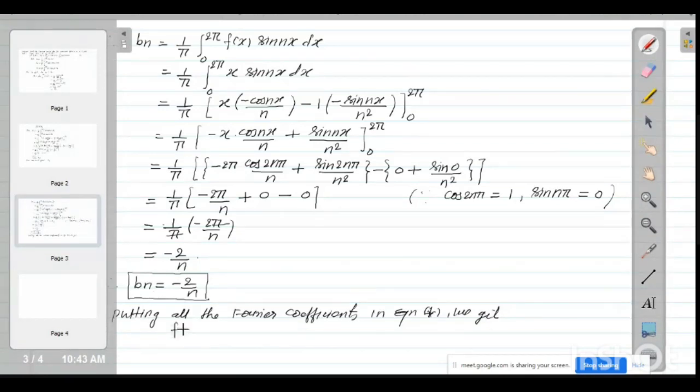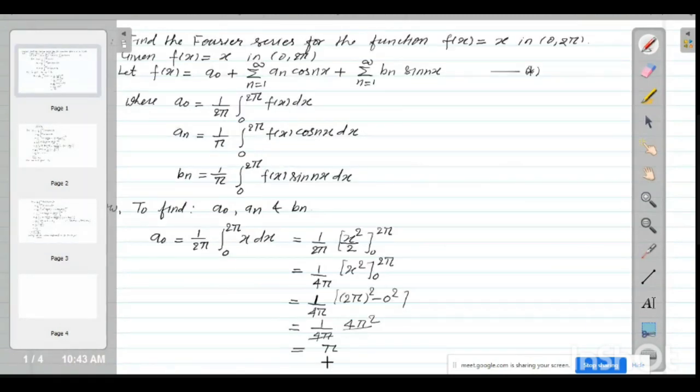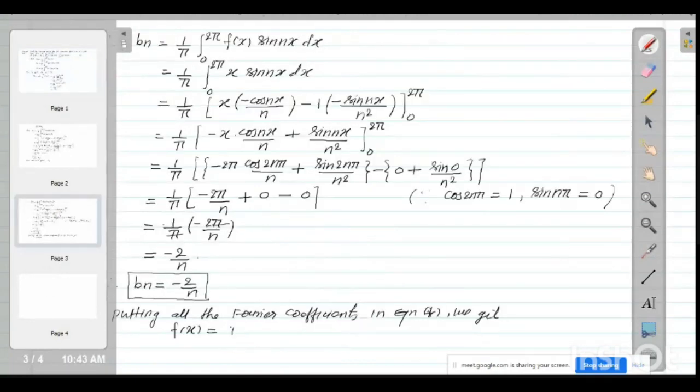f of x equal to a naught. Your a naught is what? We found a naught. A naught is pi, and plus summation running from n equal to 1 to infinity. What about an?